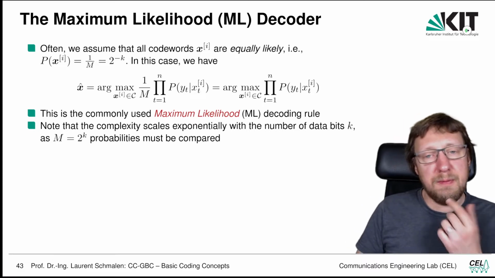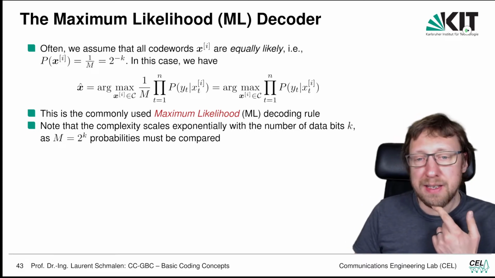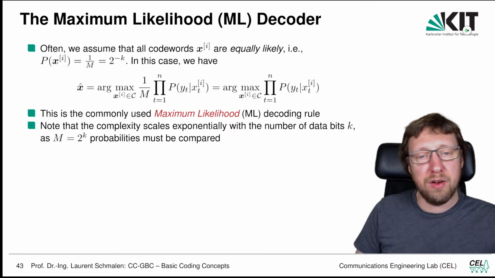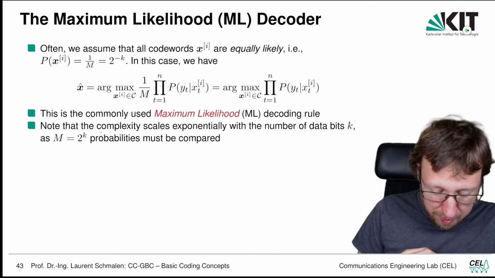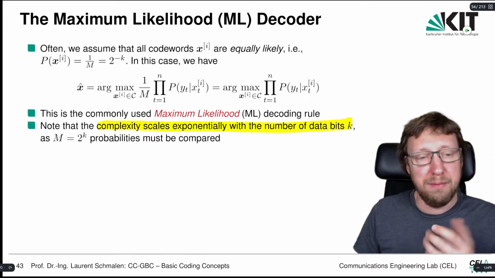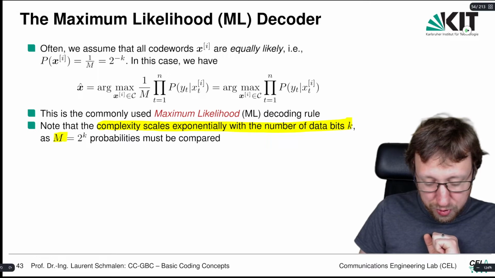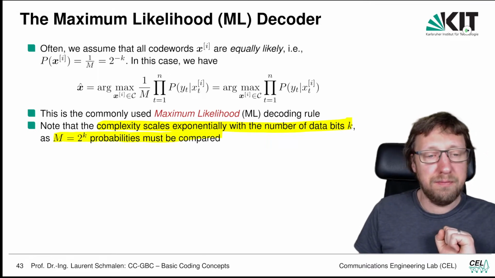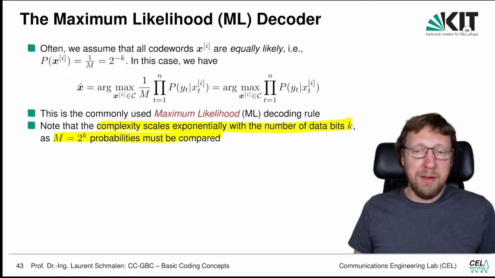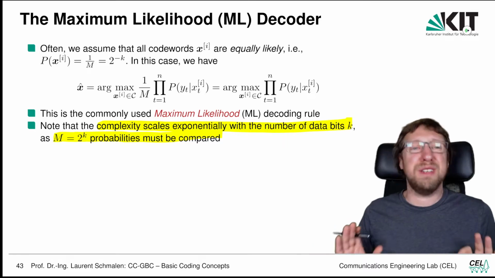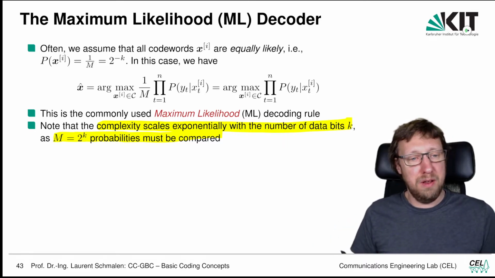So first we need to note that this maximum likelihood decoder has a rather unsatisfying complexity, because the complexity scales exponentially with the number of data bits, because we need to try all 2 power k probabilities. So already if k is 100, 2 to the power 100 is an enormous number, it's a gigantic number.